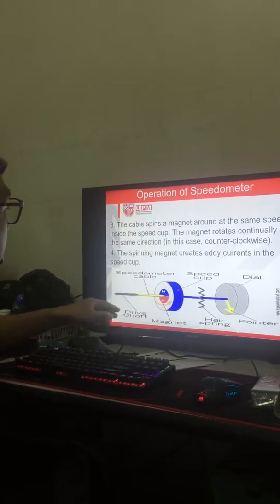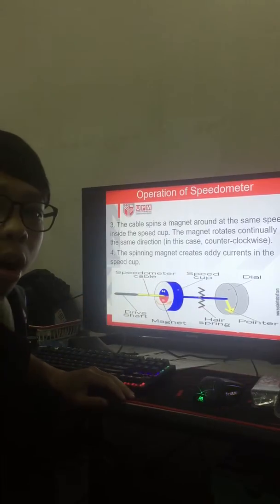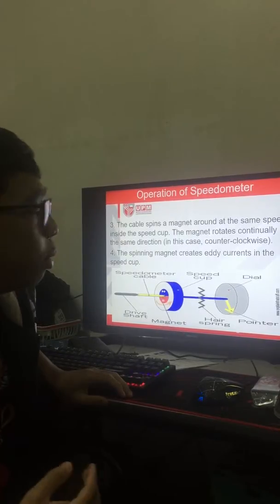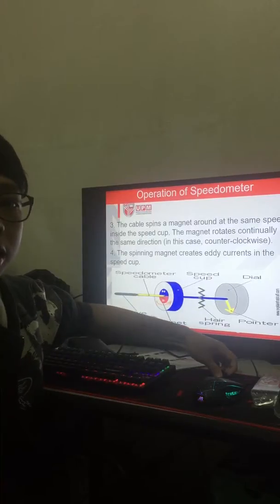Fourthly, the speedometer magnet creates an eddy current in the speed cup. When the magnet turns fast, there will be an eddy current.